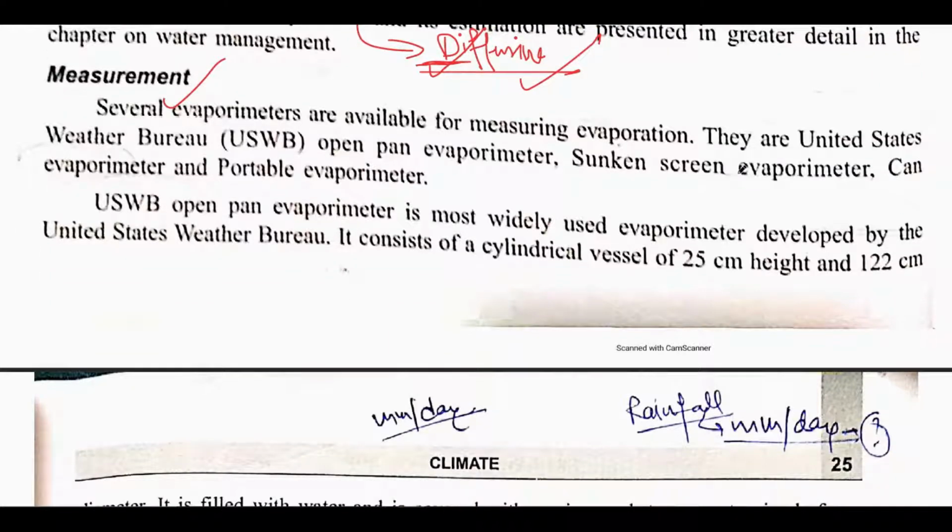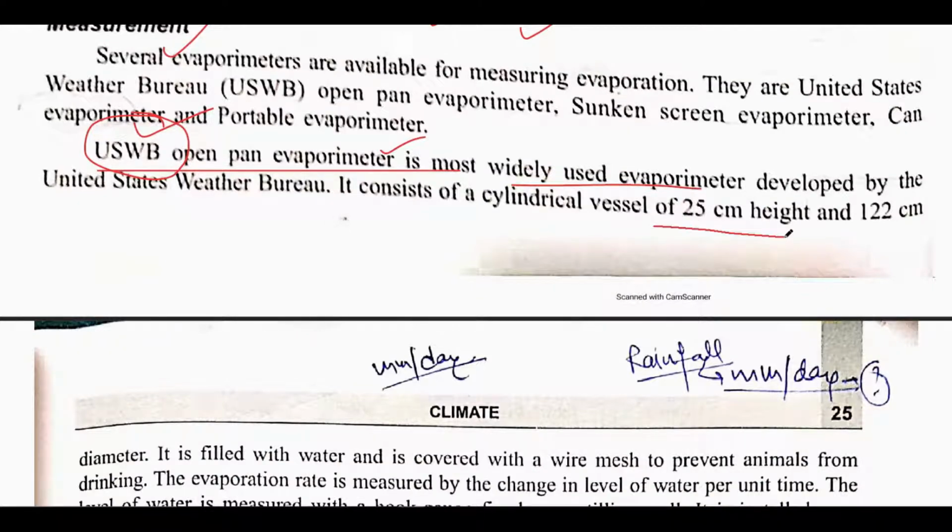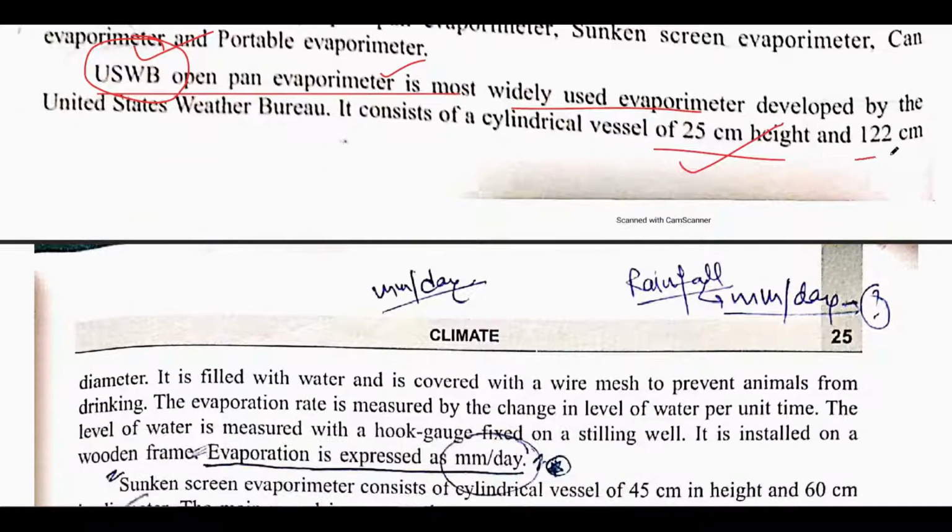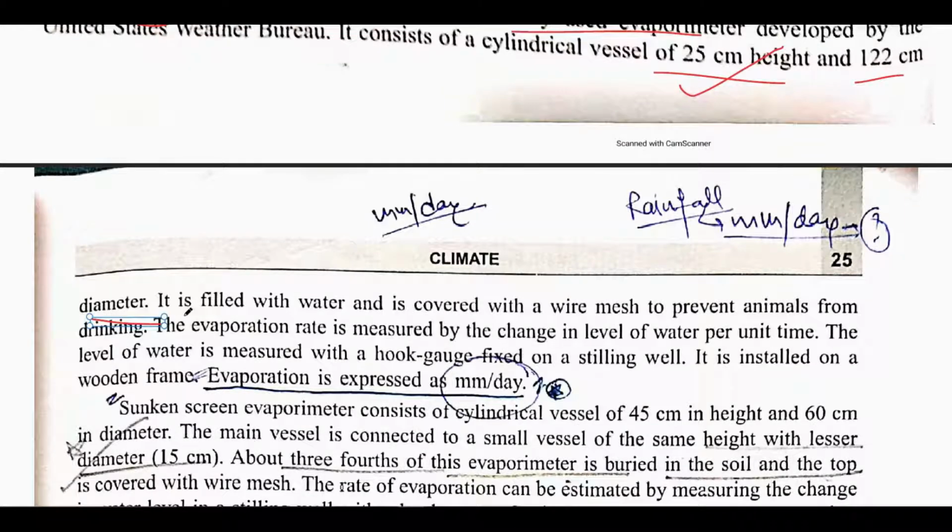The most common is the USWB pan evaporimeter. USWB stands for United States Weather Bureau, and the open pan evaporimeter is the most commonly used evaporimeter in India. The dimensions of the USWB pan are important, that is 25 centimeter height and 122 centimeter diameter.